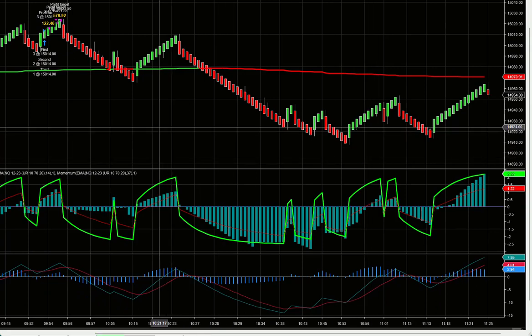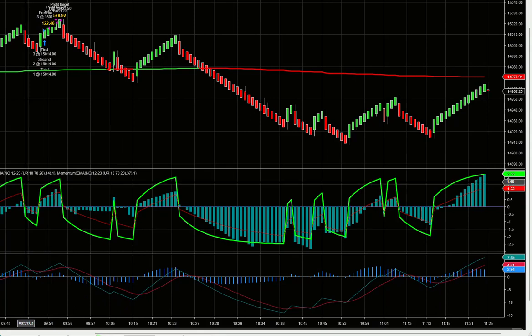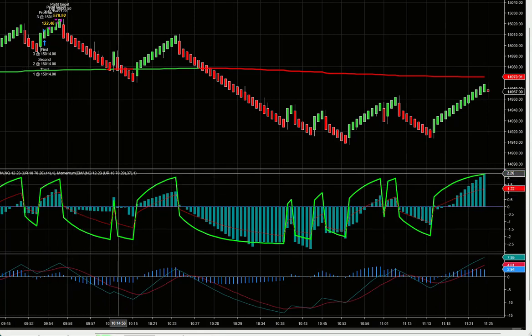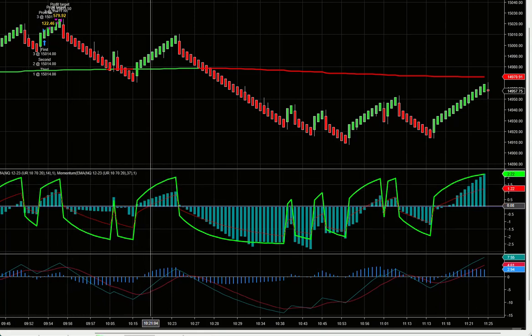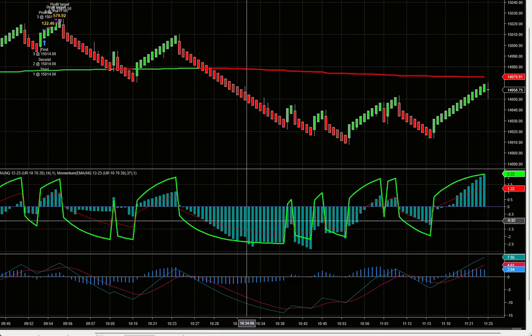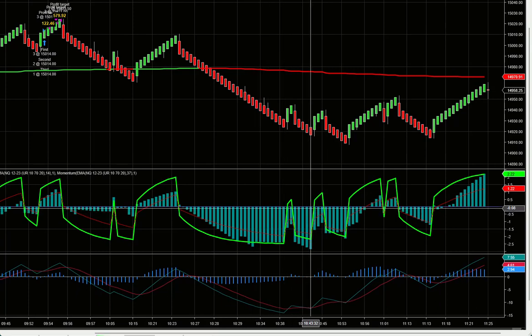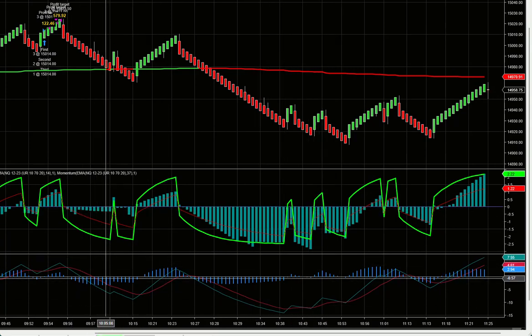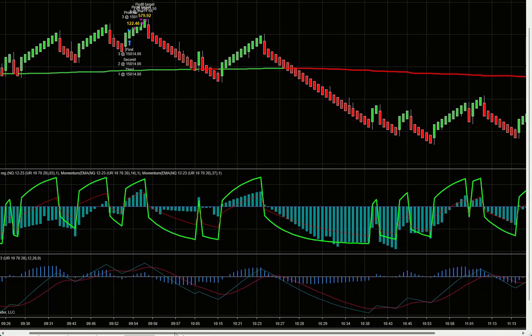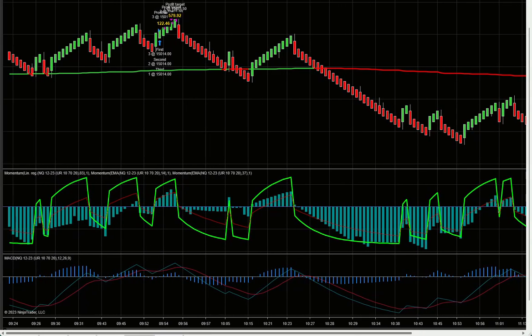Also this strategy is filtered by linear regression, EMA. These are the two EMA lines, and that's the linear regression line as well with the bars that you can see, the histogram. And this is the MACD indicator, as you can see.